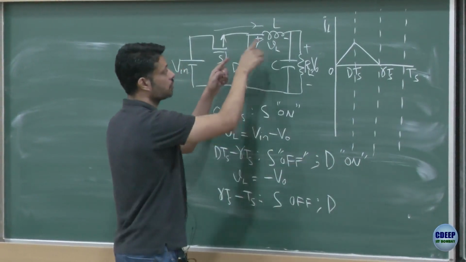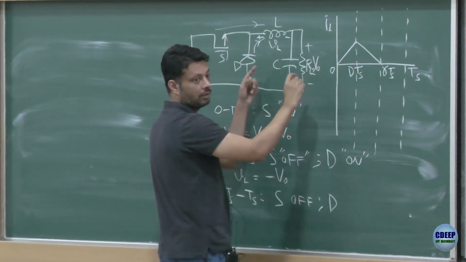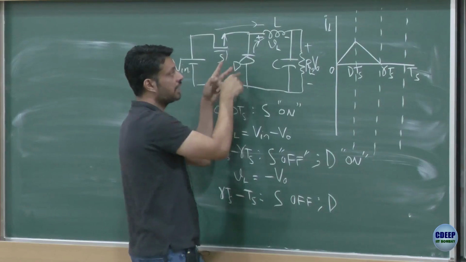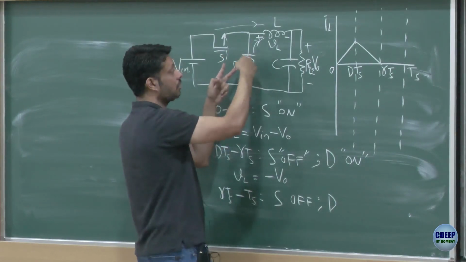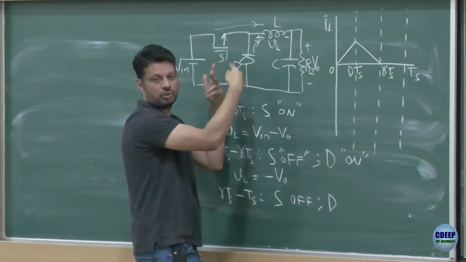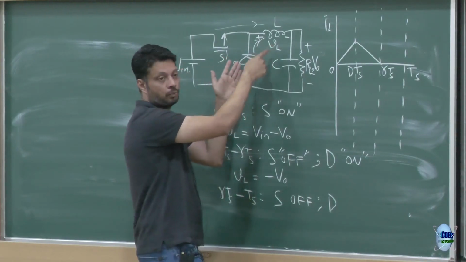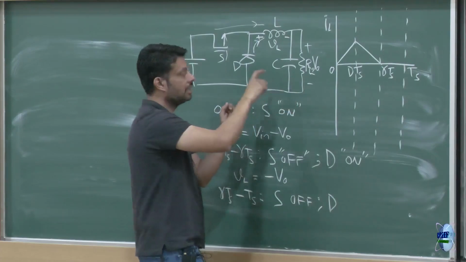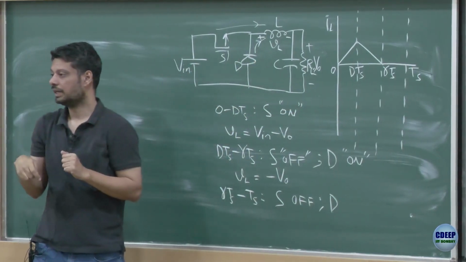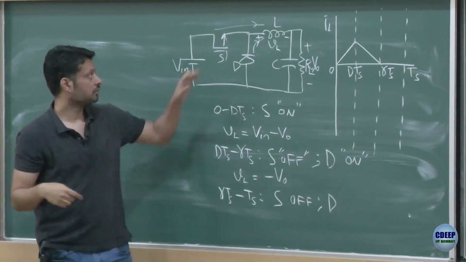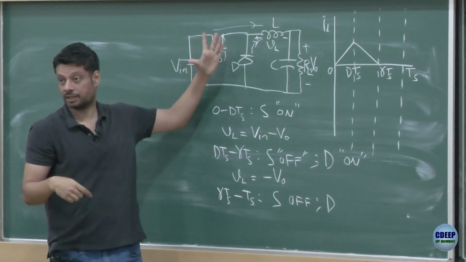So this current was flowing, it came to 0. Naturally, if instead of a diode you had a short circuit, current would have reversed, but now because it's a diode, current cannot flow in the reverse direction. So there is no option but for this current to become 0 and remain at 0, and therefore this diode is open, right? So this is open, this is open.